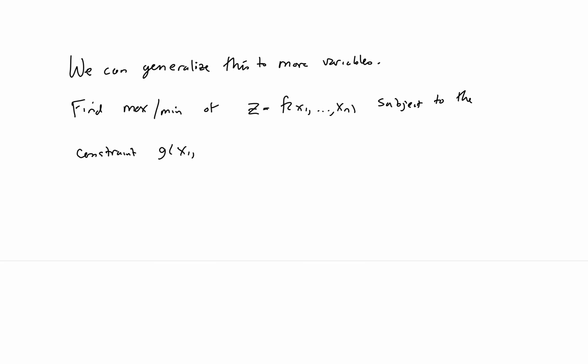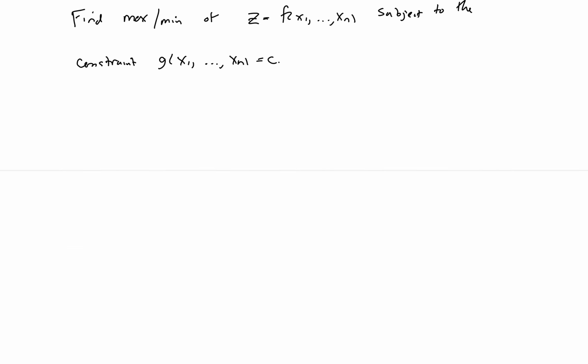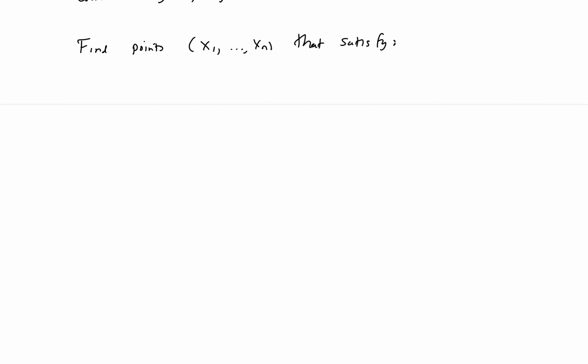Now we're going to have some equation like this. So what we do is the same idea: we find points, say x1 through xn, that satisfy the conditions. Well, now we want all of the partial derivatives to satisfy the same thing as the 2 did.